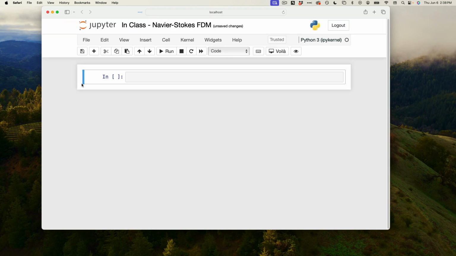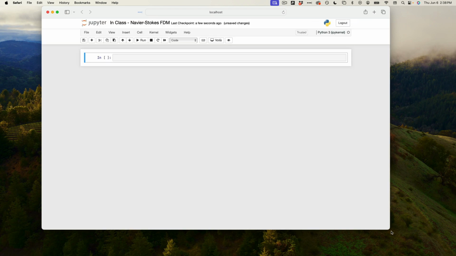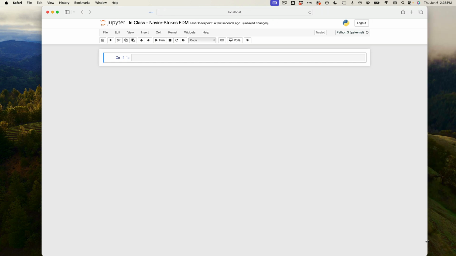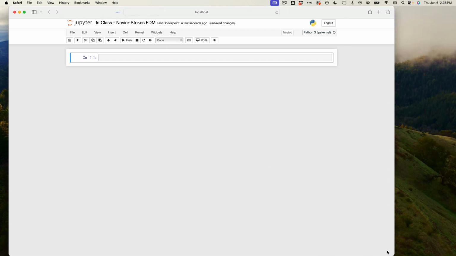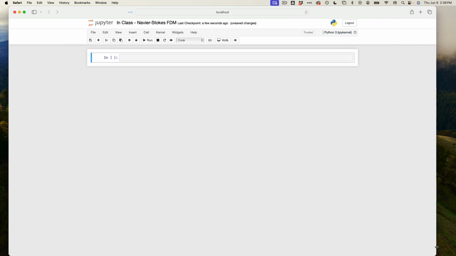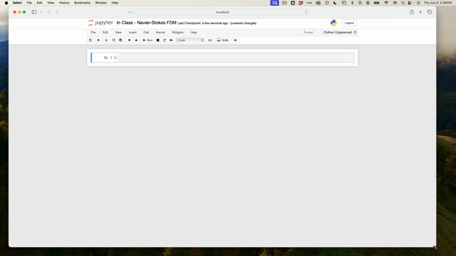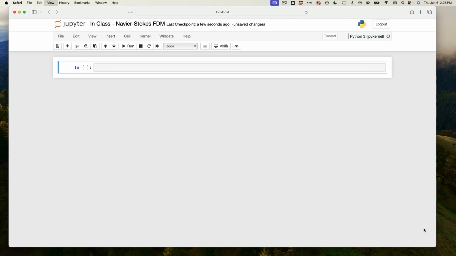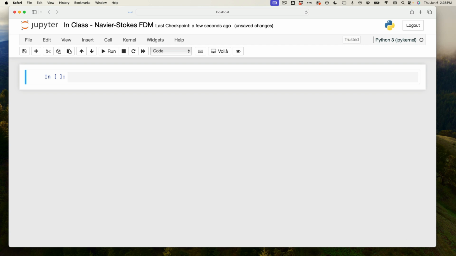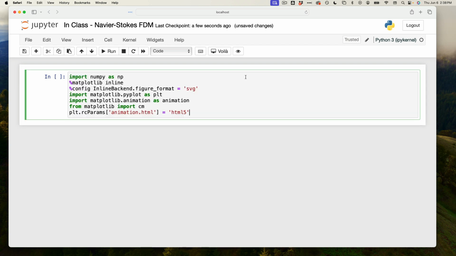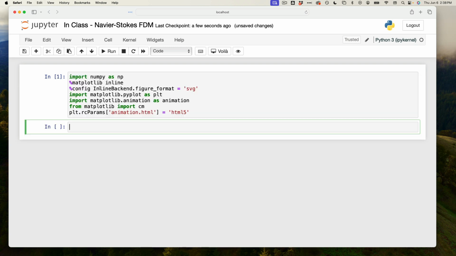And I'm going to make this a little bit bigger. Let's see. Can you guys see in the back? Okay. And I will get the boilerplate stuff. I hope you already have all of that. Set up NumPy, Matplotlib, all the good stuff.